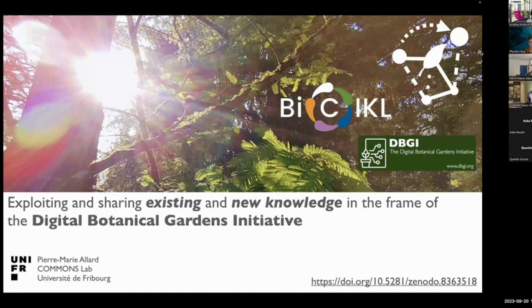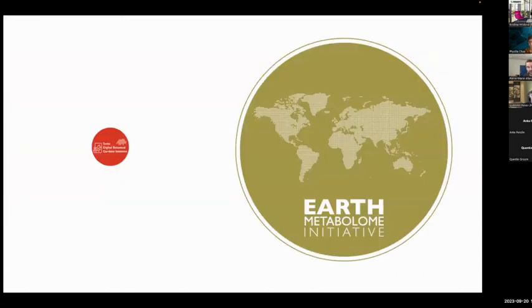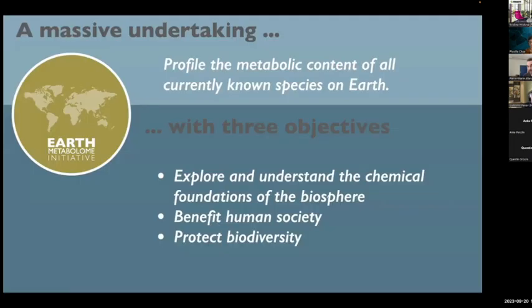So first, I would like to give you a little bit of background on this initiative, which is actually a pilot where we use the artificial biodiversity hotspots, which are botanical gardens, for a much wider project, the Earth Metabolome Initiative. This project has a very simple yet ambitious objective.